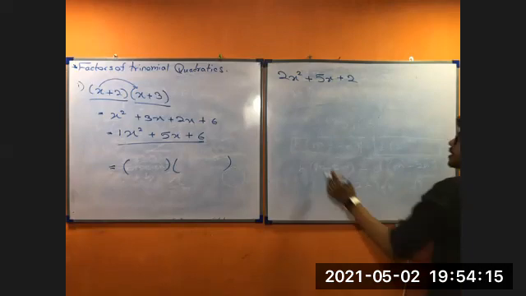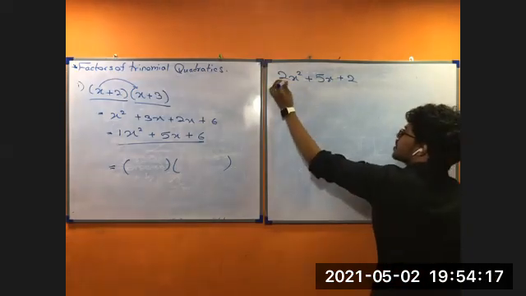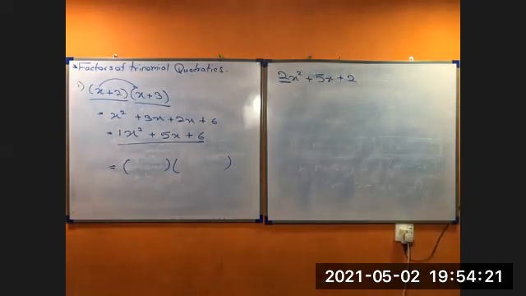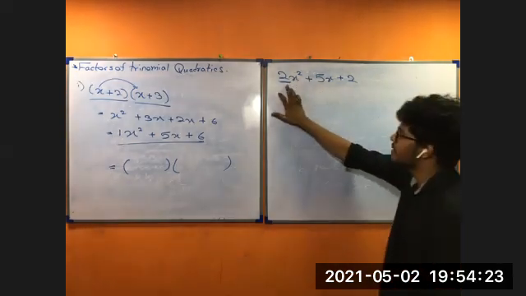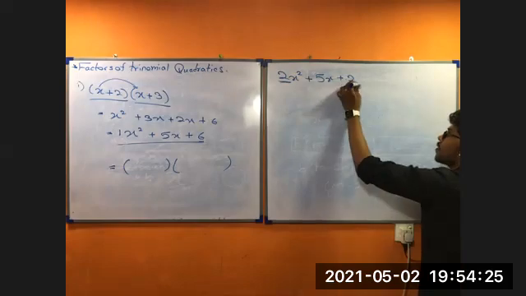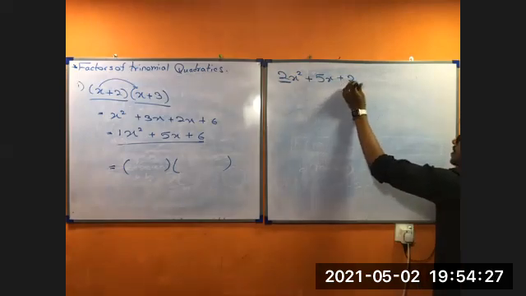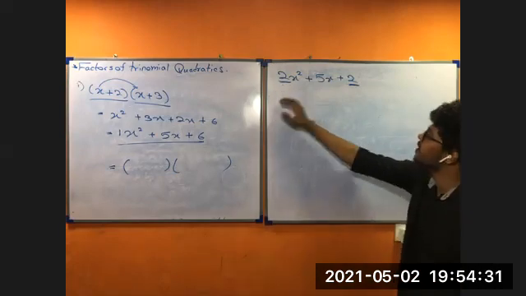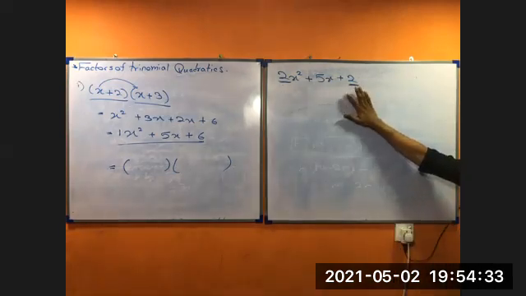What you need to do is check the coefficient of x squared term, and check the constant. So here the coefficient of x squared term is 2, and the constant is 2, right?